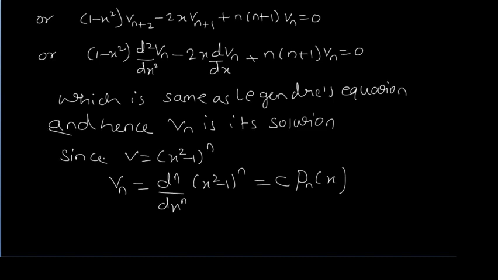On cross multiplication we get the equation C into Pn of x is equal to dn by dx raised to n of (x square minus 1) whole raised to n.